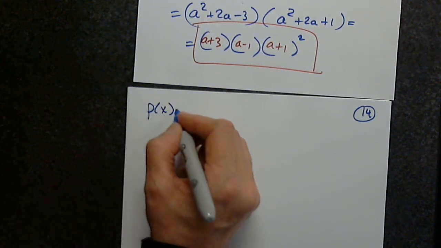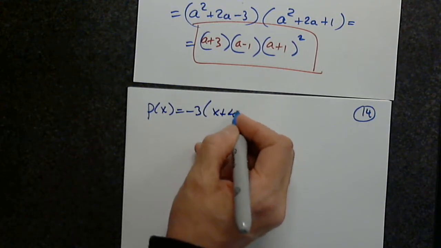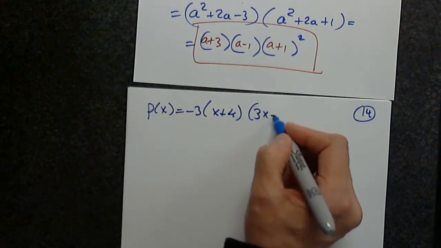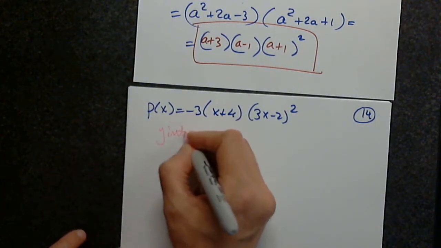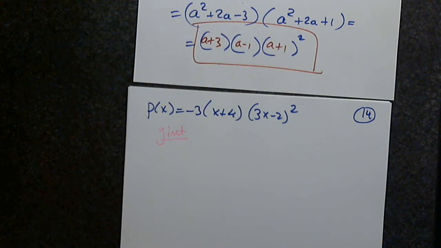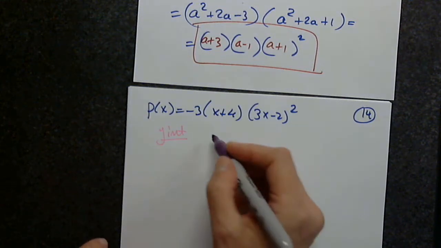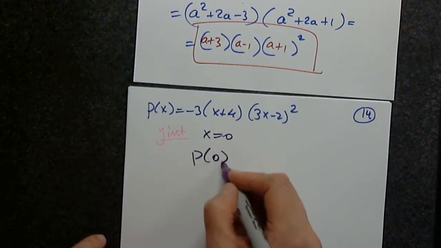So P of x equals -3 times (x plus 4) times (3x minus 2) squared. Let's find the x and y-intercepts if we have time. Let's just find the y-intercept, the easiest, in the 1 minute that we have left. How do I find the y-intercept for any function? Very good, awesome. P of 0.